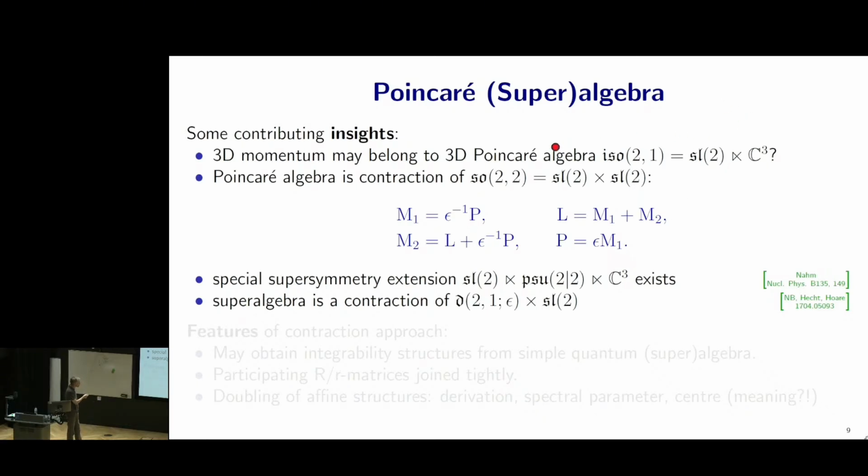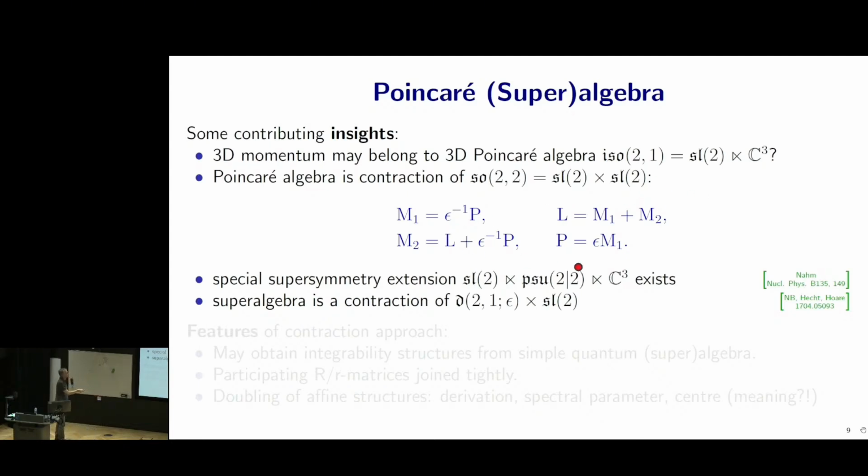It might be useful to relate this to a simple algebra, the algebra of SO4 or SO2,2, which is two copies of SL2, because you can obtain a Poincare algebra from a curved rotational algebra by a contraction.